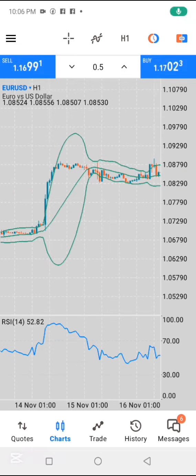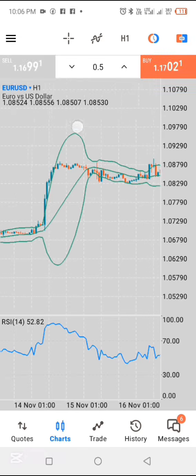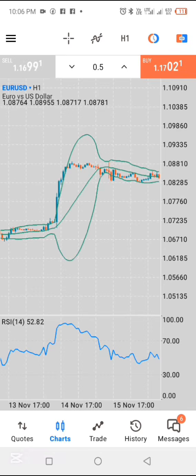One thing you need to know about the Bollinger Bands is this: the upper band and the lower band tell you more about the volatility of the market. They tell you how the market has been performing in the past hours, or days according to your time frame.